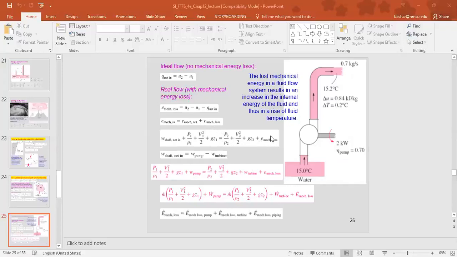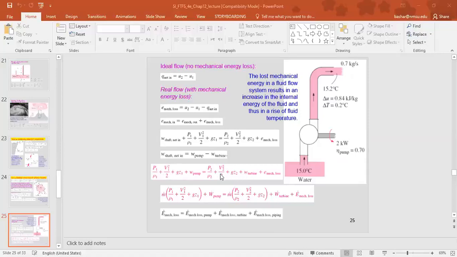So put these mechanical energy losses back into the previous equation, and knowing that the net shaft input work is the work for work consuming devices such as pumps, fans, compressors, minus the work of the work producing devices such as the turbines. So I'll put these back into the previous equation, and the equation becomes in this form.